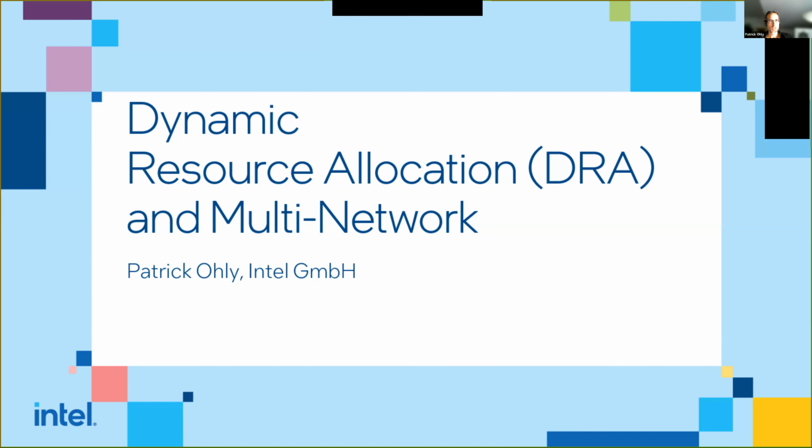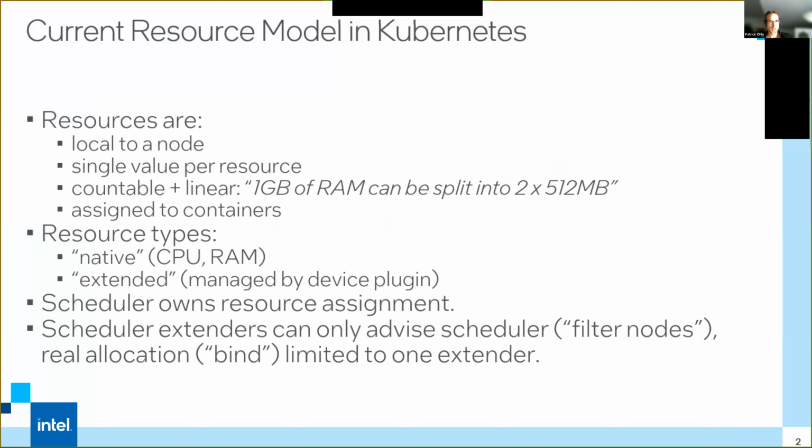Well, let's get started. I assume all of you know most of this, but this is usually where I start explaining what the current resource model in Kubernetes is, because it defines exactly the things that we are trying to improve upon in dynamic resource allocation. So first of all, resources are local to a node, advertised by kubelet.